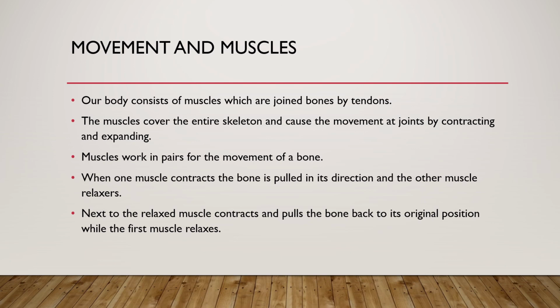If you want to move any bone, we will require muscles, and we require them in pairs. When one muscle contracts, the other relaxes, and in order to relax the contracted muscle, the other muscle is pulled towards it and relaxes the first one. In this way, the movement is coordinated.